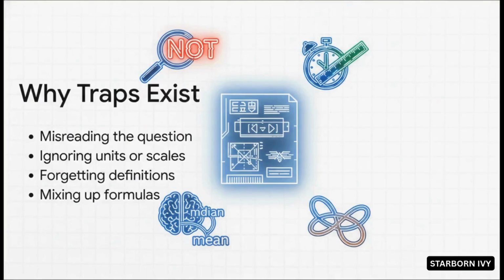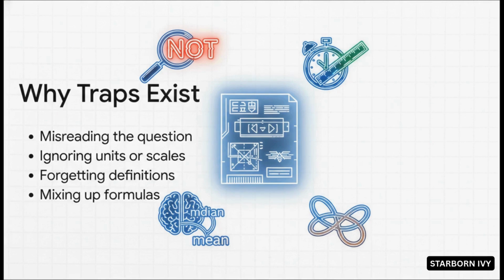Now, these traps aren't just random. Nope, they're built on the most common, predictable mistakes students make year after year. Stuff like completely misreading a question that asks for which of the following is not true, or totally ignoring that a problem switches from hours to minutes, or forgetting the difference between a median and a mean.